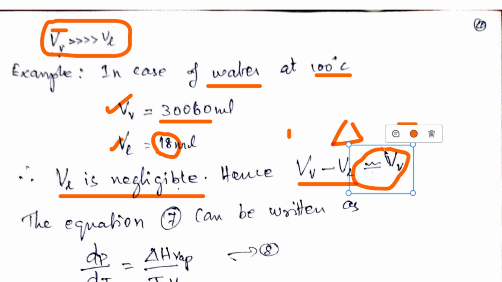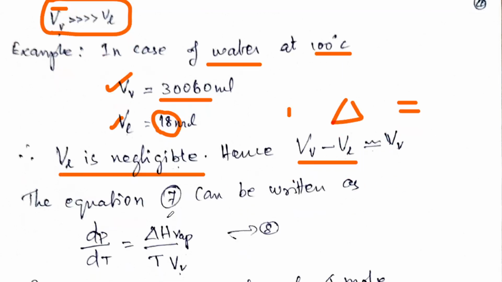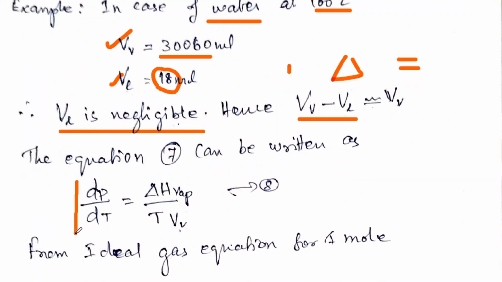Substituting this in the equation, I get dP by dT equals delta H vaporization divided by T into the volume of vapor alone.